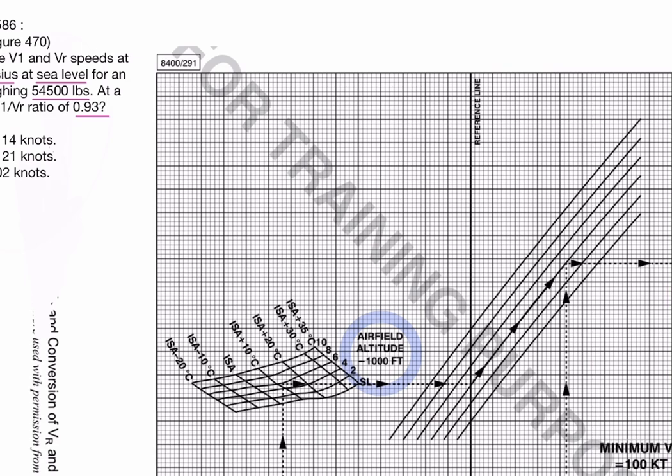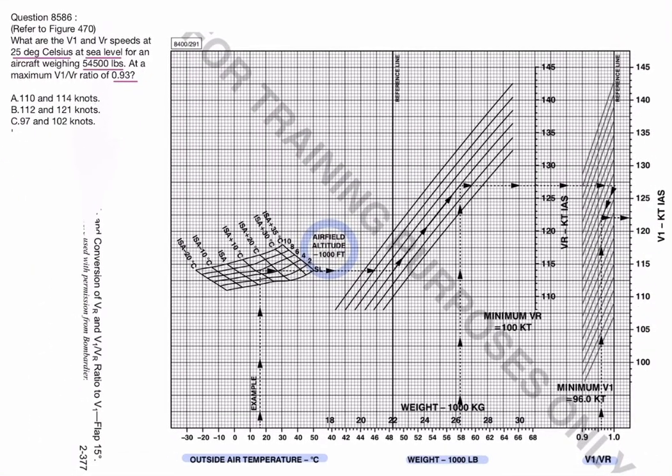So the next thing that I'm going to do is I'm going to highlight right away my two reference lines. I find that this always helps me to remember to stop there, just so I don't forget. Now that those are highlighted, I'm going to start by entering the chart at 25 degrees Celsius.